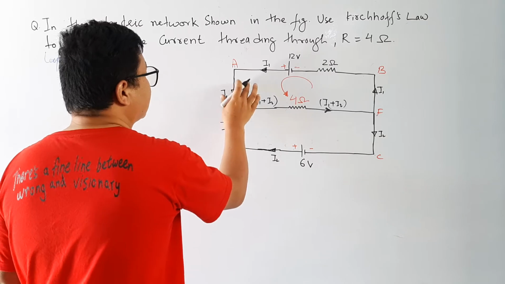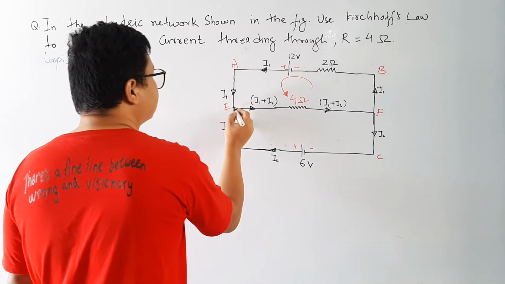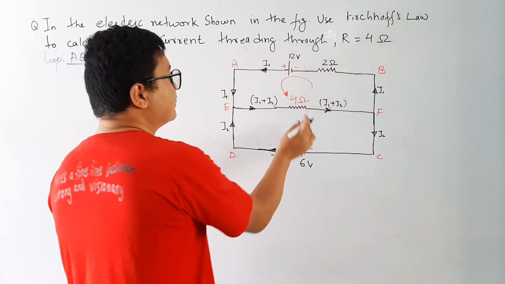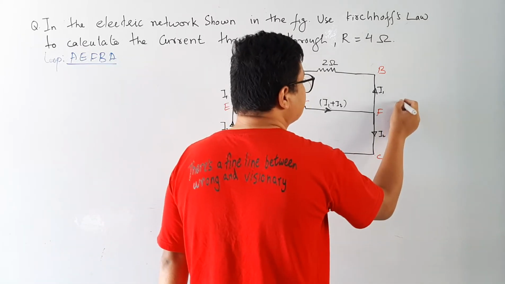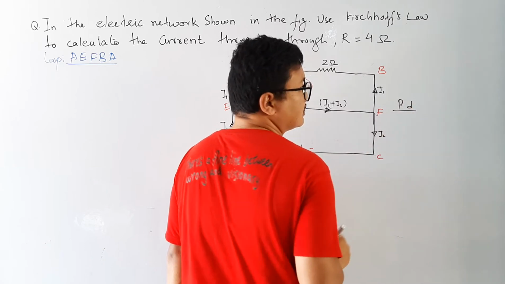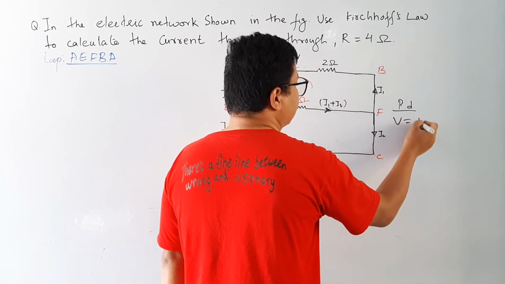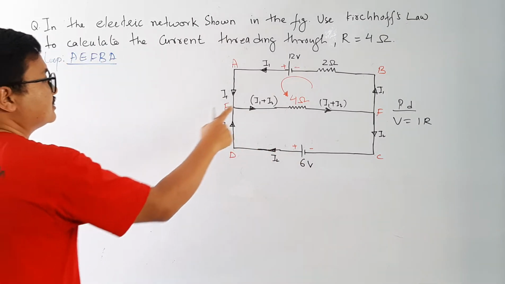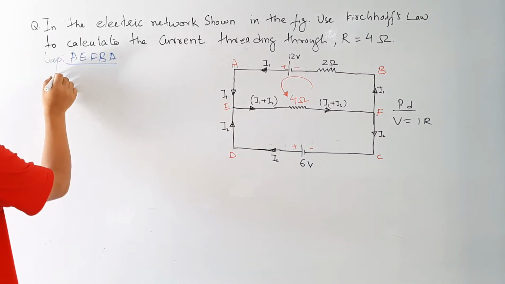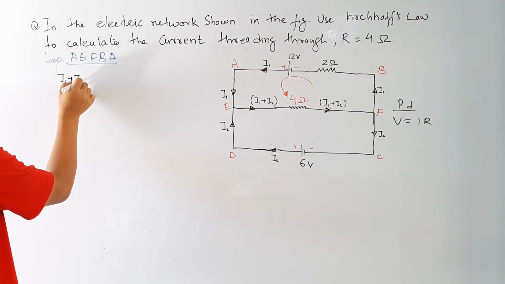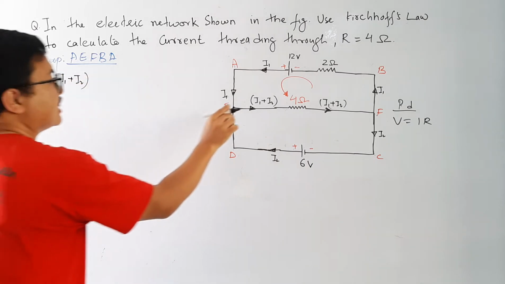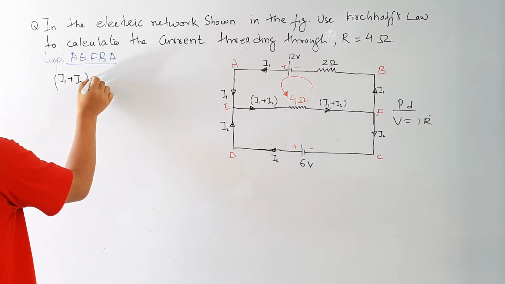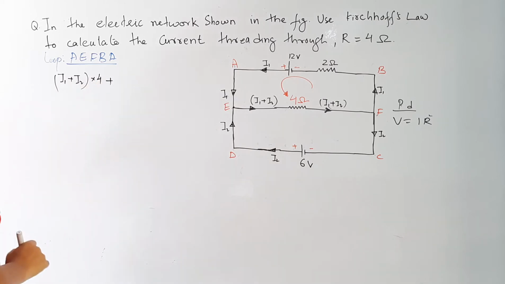Now I will go from E to F. Whenever I go from E to F, there is a resistance, therefore there must be a voltage drop, that is V equals I into R. The current here is I1 plus I2, and R is 4, so I write plus 4 times (I1 plus I2).